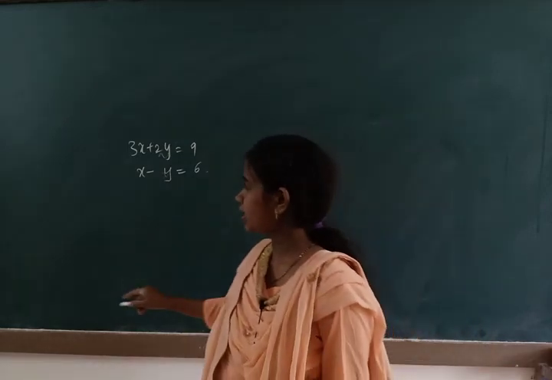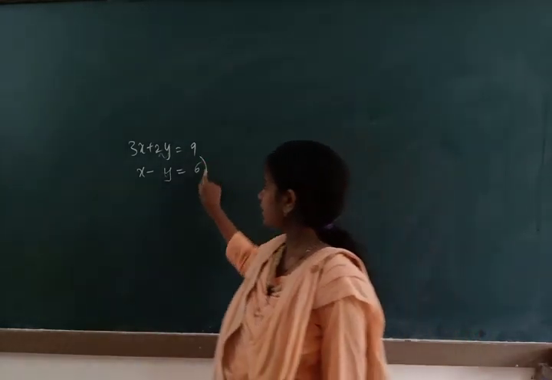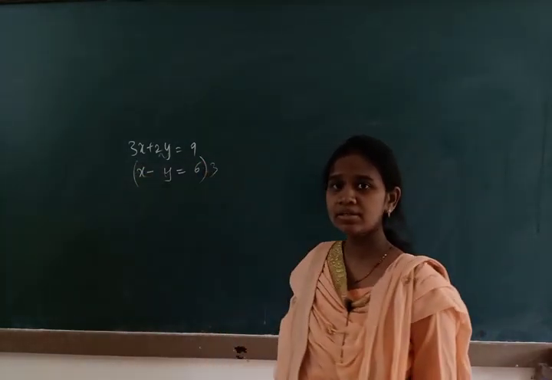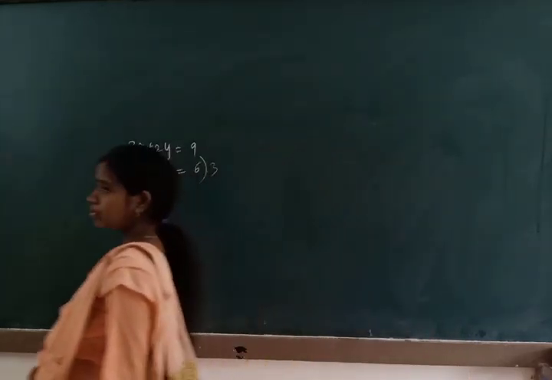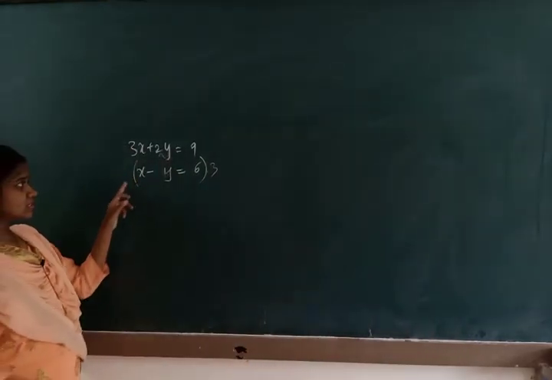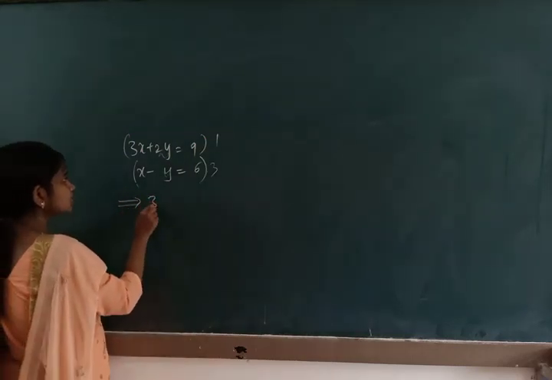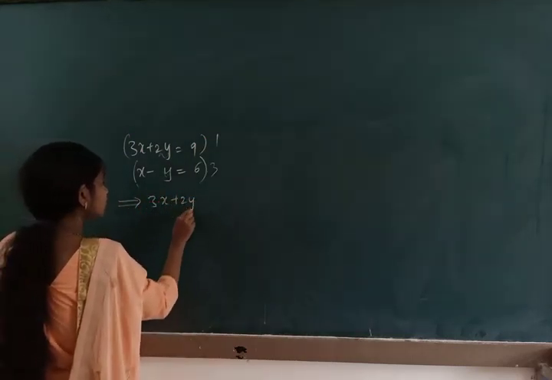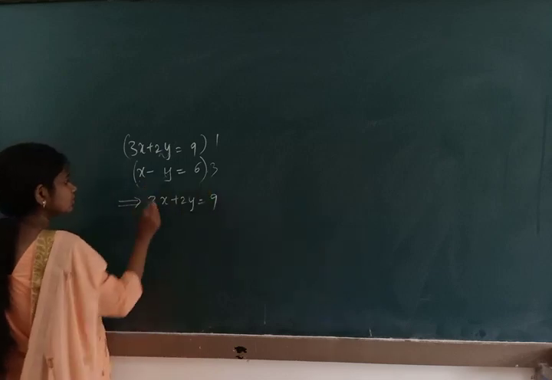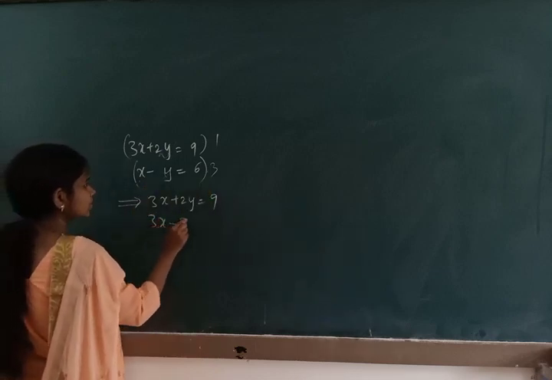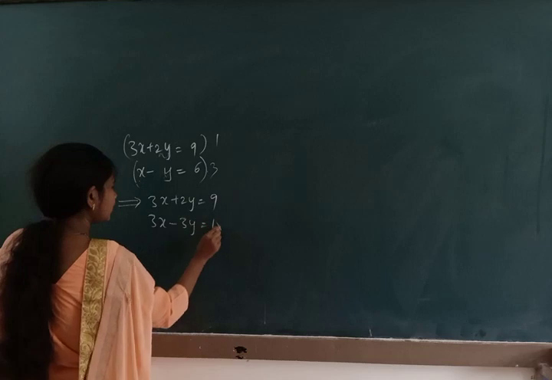To make these two equal, I will multiply this with 3, and the first equation, its coefficient is 1, so I will multiply this with 1. This implies 3x plus 2y is equal to 9, and this is 3x minus 3y is equal to 18.